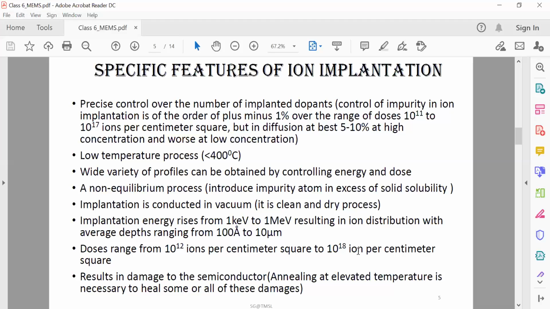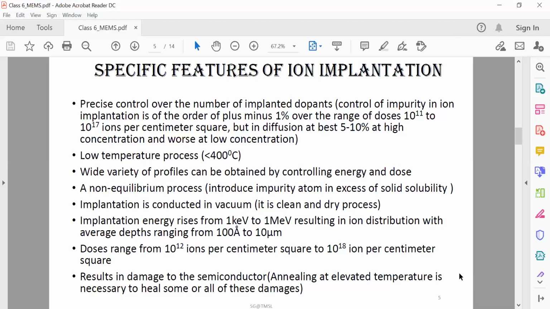So you can easily get the single crystal layer, and then you can measure the sheet resistance by the 4-point resistivity method. That is one of the reasons for annealing after ion implantation.